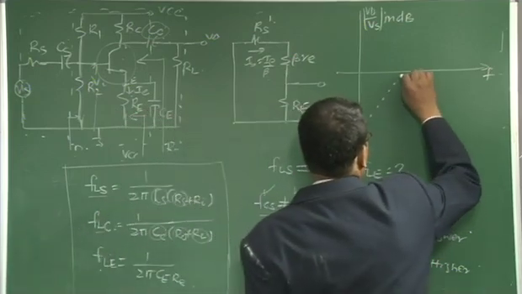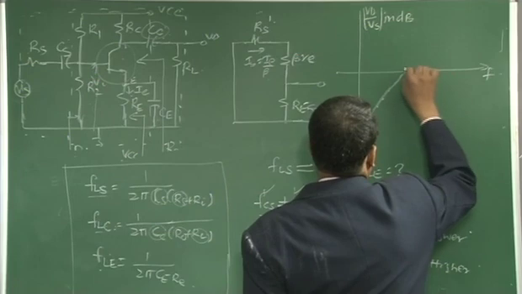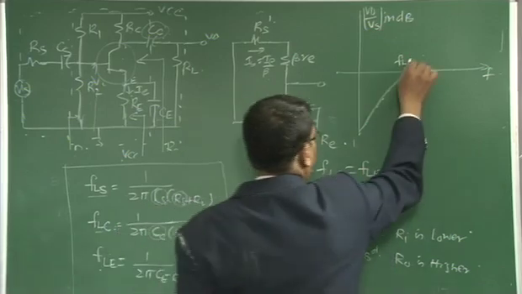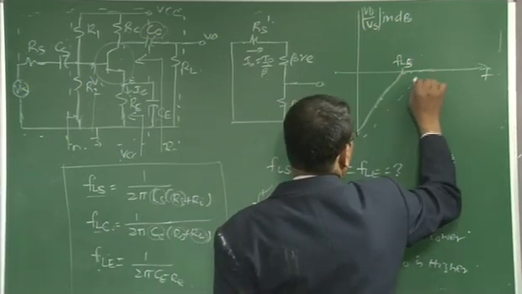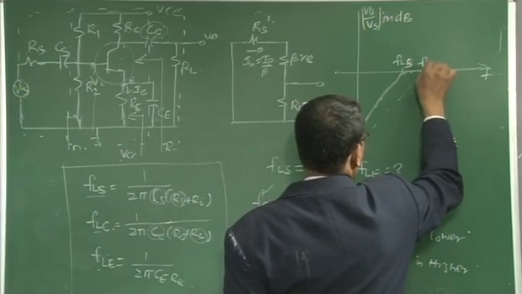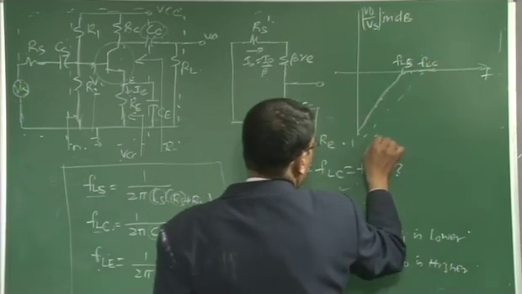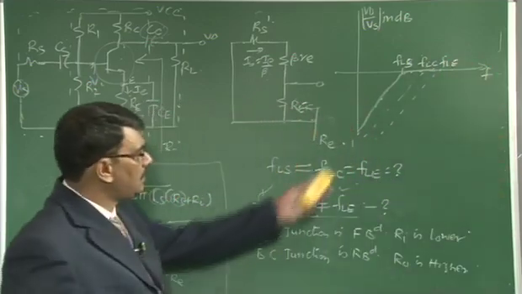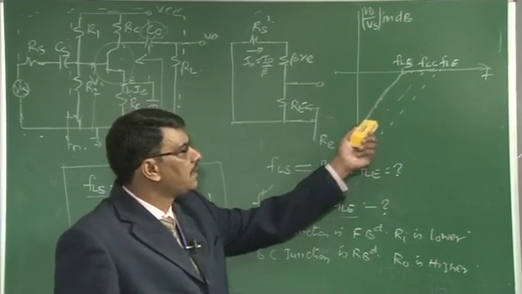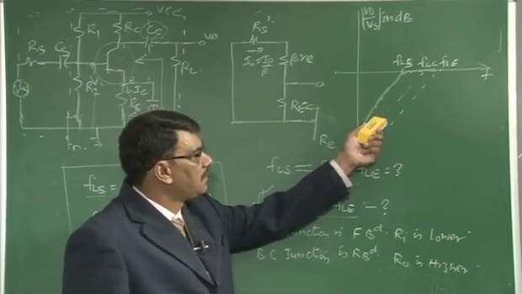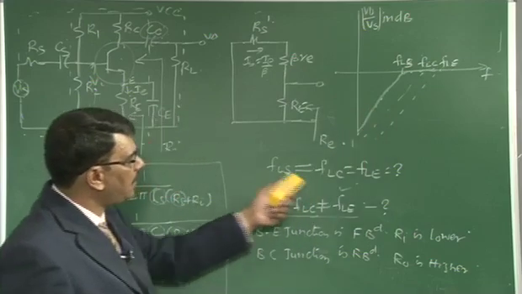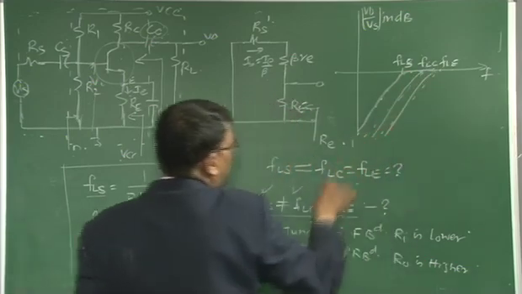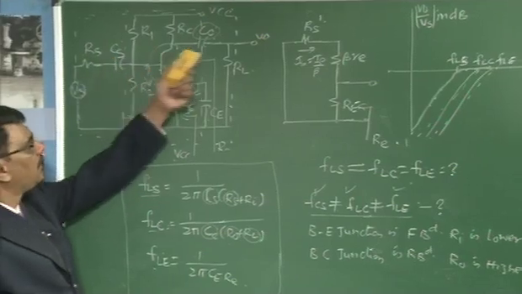This is f_LS, and then f_LC, and then you are going to get some frequency that is f_LE. All these vary, increasing at the rate of 20 dB per decade, because that is 20 log. This is the frequency response of the amplifier due to the various frequency components.